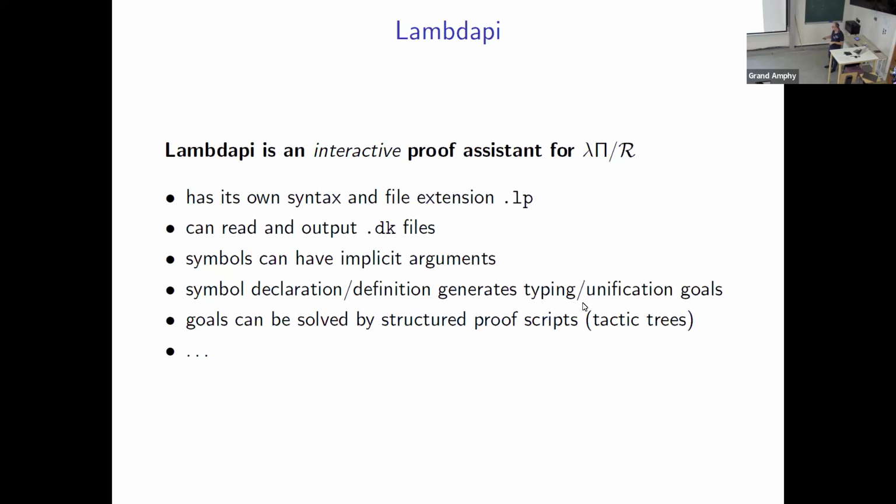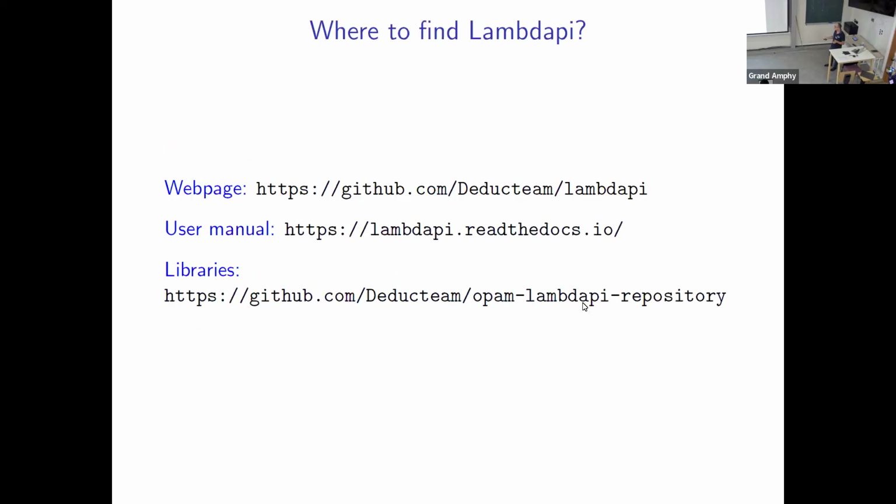Also, an important thing is that in Dedukti, you need to provide fully annotated terms, which is sometimes not very convenient. So in Lambdapi, we allow implicit arguments: you can let the system try to guess some of the subterms you would otherwise need to provide. We are going to see all this step by step.